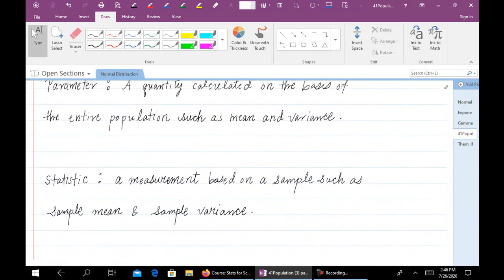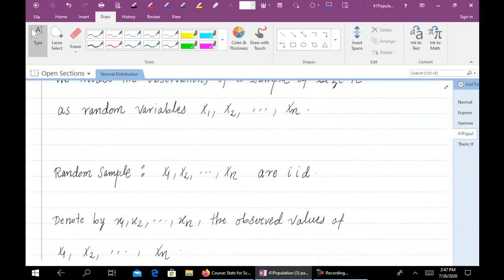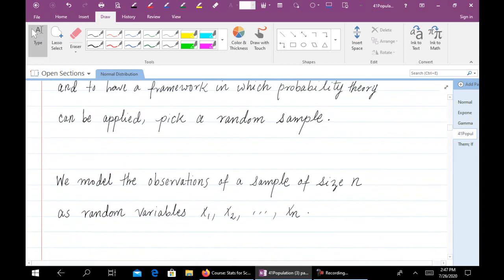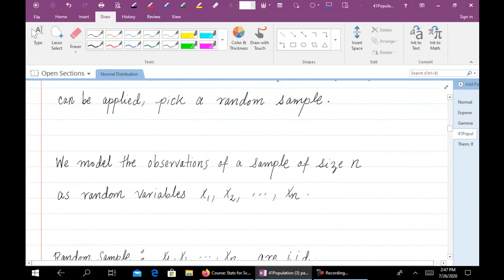What's a statistic, or more appropriately, a sample statistic? Well, it's a measurement that is based on a sample, such as a sample mean or a sample variance. So if you pick a sample of size n, let's say you pick a sample of size 500.